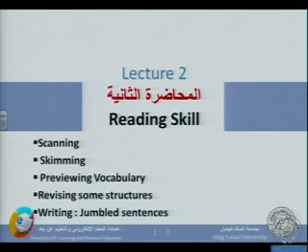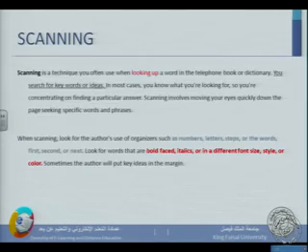Okay, so we will cover 5 things in this lecture: scanning, skimming, previewing vocabulary, revising some structures and grammars, and we have something called jumbled sentences.